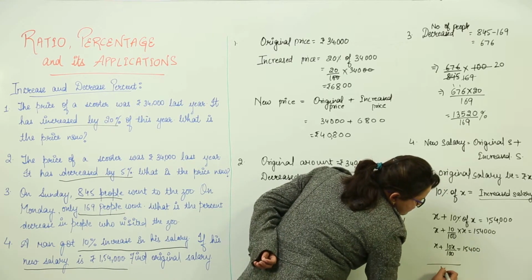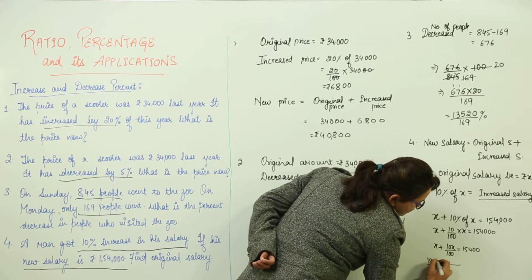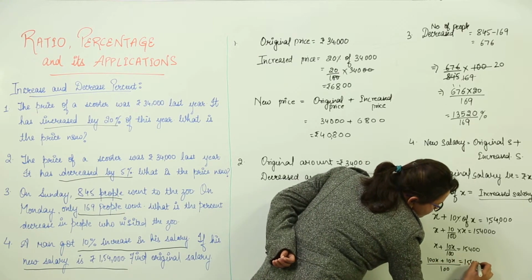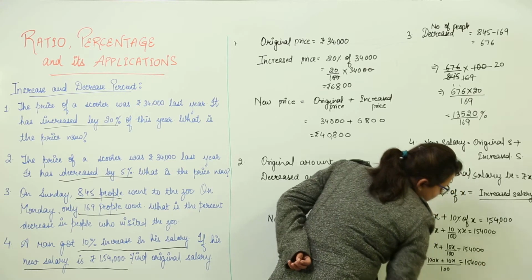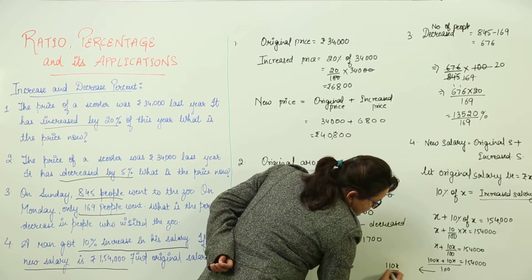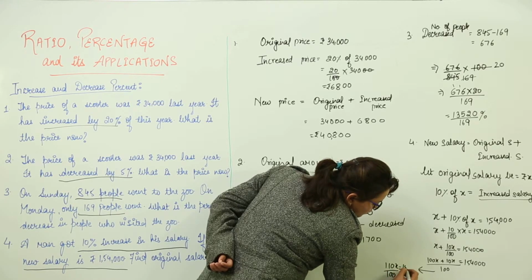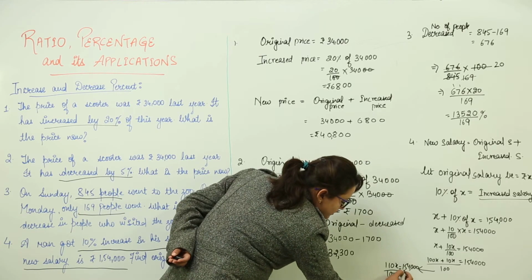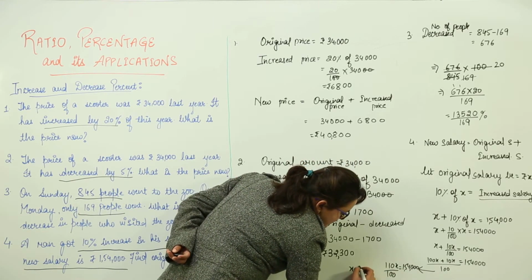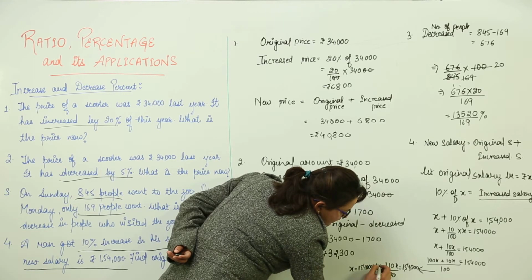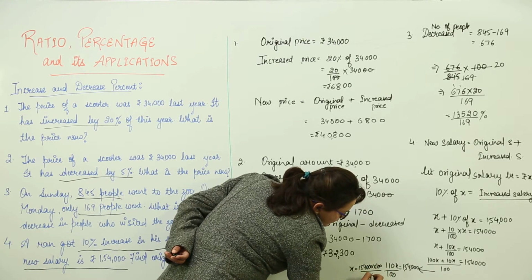Taking out the LCM on left hand side, we get 100x plus 10x equal to 1,54,000. Now solving this further, we would get 110x upon 100 equal to 1,54,000. Now further solving would give us x equal to 1,54,000 multiplied with 100 whole upon 110.